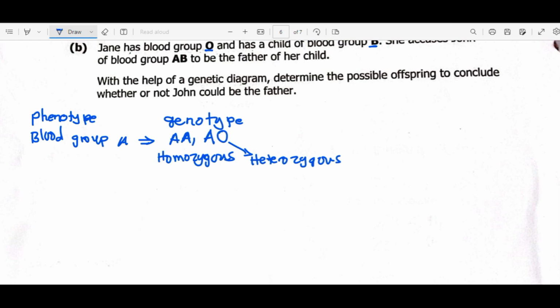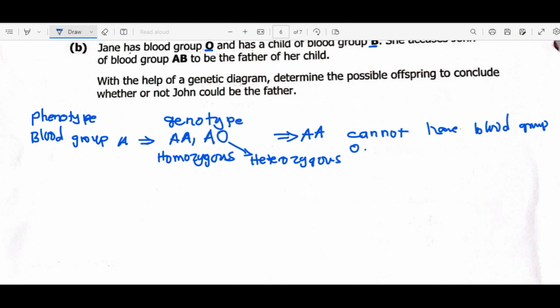So this O is shadowed by A. That's why this person is not called blood group AO; this person is still called blood group A. Now, if you look at the condition AA, AA cannot have a child with blood group O. So this is not possible.